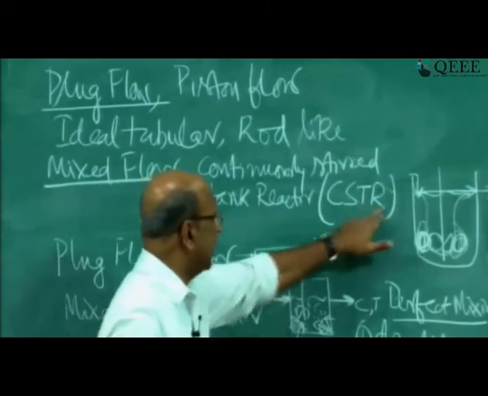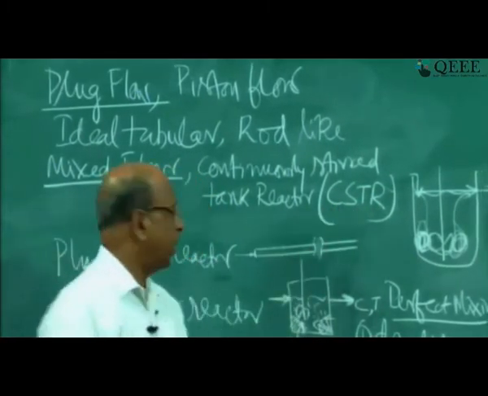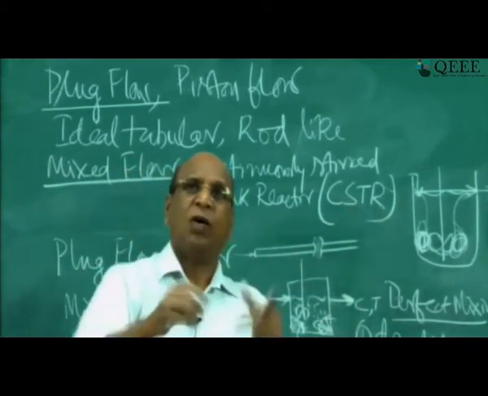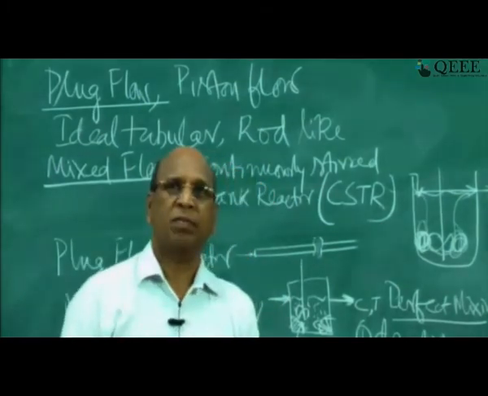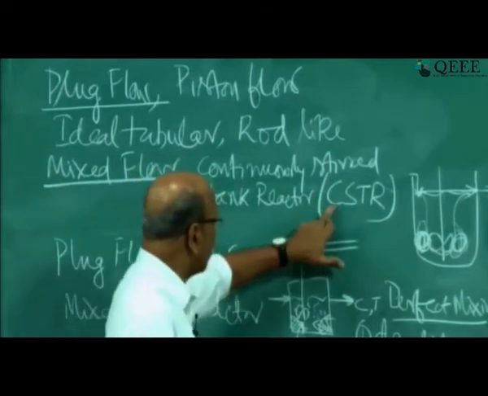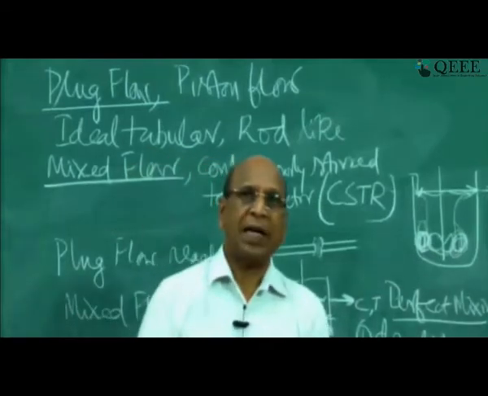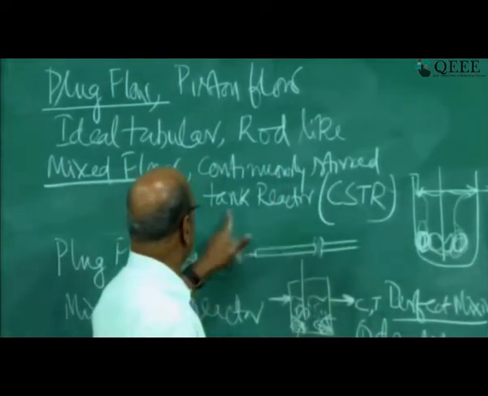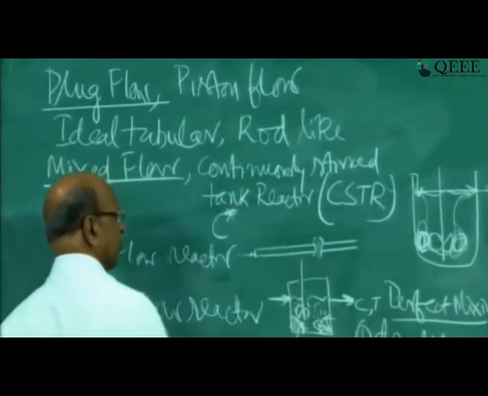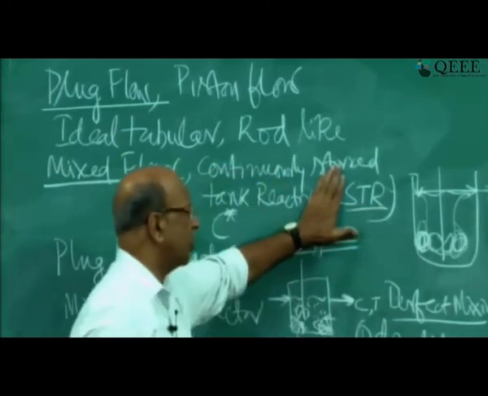The problem here is, what does continuous refer to? Even in the batch reactor, we are continuously stirring. So this continuous should refer to the flow, not to the stirring, because this is a flow reactor. This is another name, and some people also write it as C star, meaning CSTR, continuously stirred tank reactor.